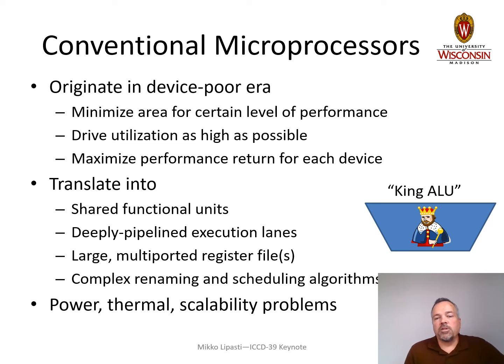We need large multi-ported register files to get operands to that ALU, and very complex control logic for renaming storage resources and scheduling all of these operations at just the right time. These are not only difficult to build but difficult to scale to larger window sizes, and they also introduce power, thermal, and scalability problems.